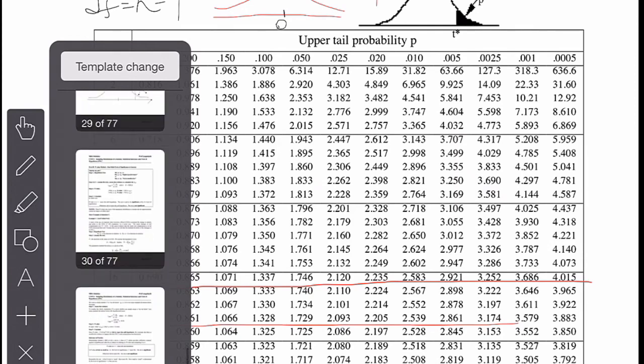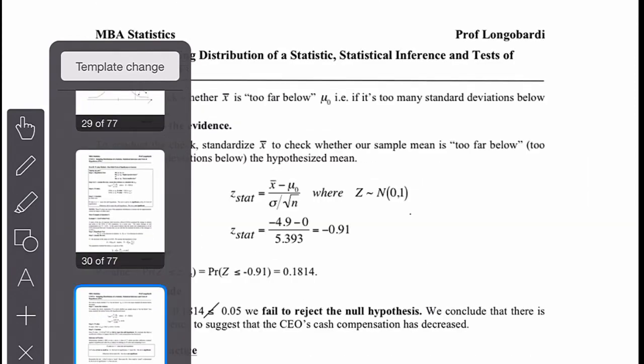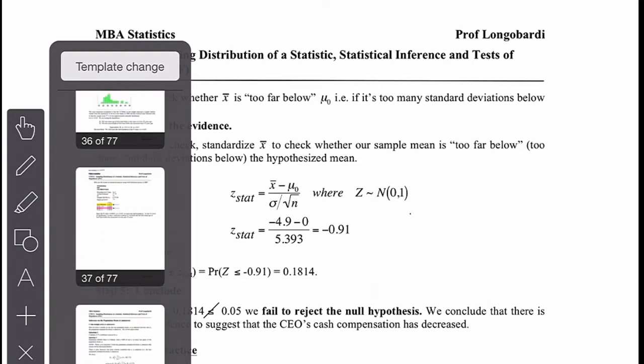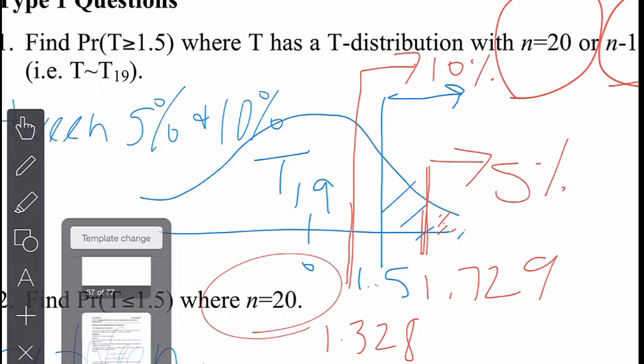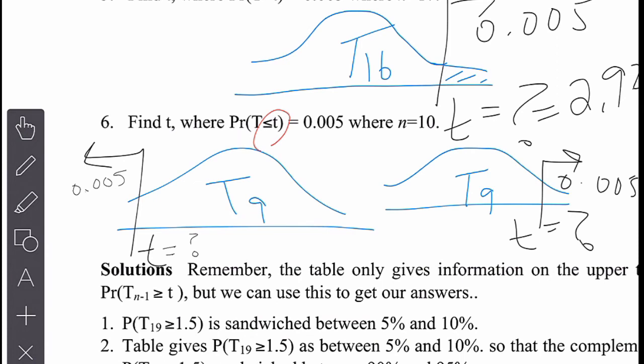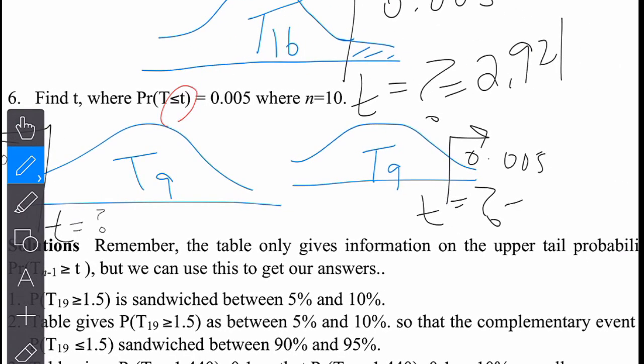There's probably a better way to present this, but this is the best I can do for now. So what I found out was that t must be 3.250 in the table. So that means, to answer the question on the left tail, on the left side, the answer is negative 3.250.